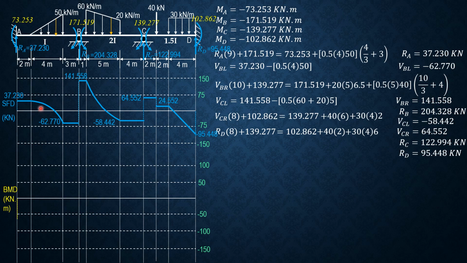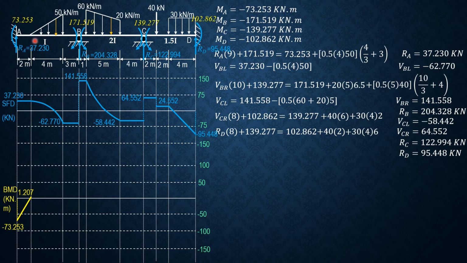Then plus the area of this parabola. So let's call this x1, and let's project upward. Remember, the intensity of this load as to x1 equals 50 as to 4, because 50 over 4 is 12.5. The height is 12.5 x1.